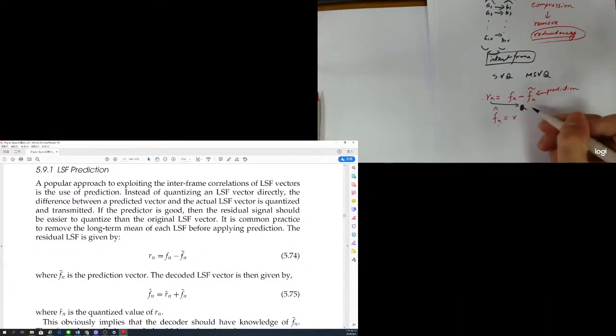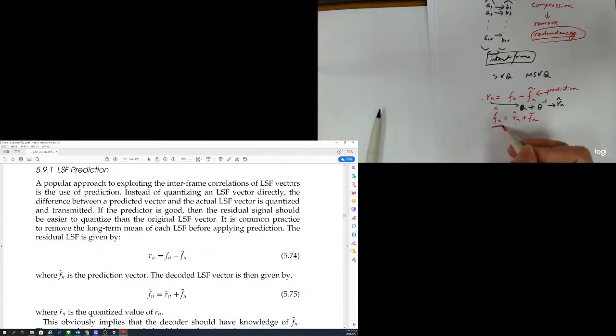After quantization and dequantization, it becomes R n hat. On the decoder side, what you get is like this, and you also consider your prediction, because during encoding there is prediction. This is your recovered data.